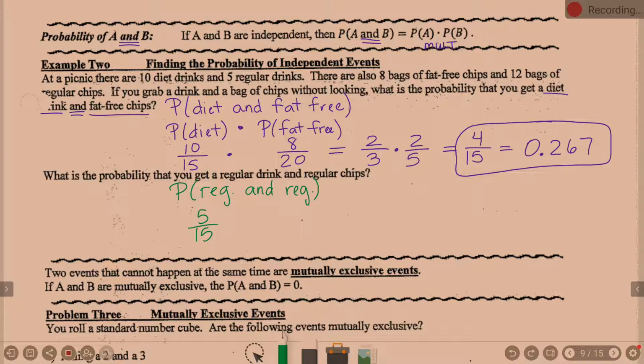What did I say and tells me I'm going to do? We're going to multiply. What about a regular bag of chips? 3/5. And what does that 3/5 start off as? 12 regular out of 20 total. Okay. So 5/15, divide 5 and 15 by 5, and it is 1/3. 12/20ths, divide them both by 4, and we are at 3/5.